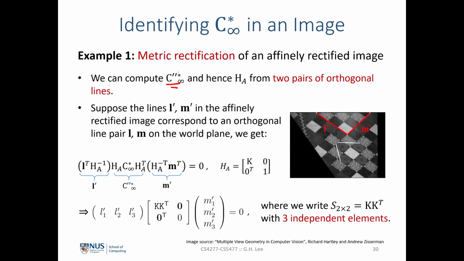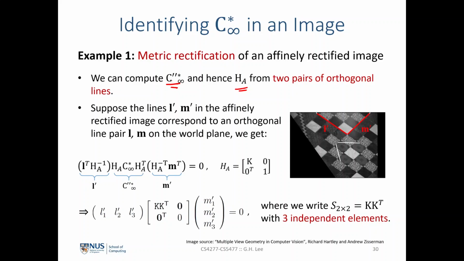And because this C double prime star infinity is what we have defined to be the dual of the circular point projection, where the projective transformation has been removed and we are still remaining with the affine transformation, the objective here is to identify C double prime star infinity on this image, and to make use of this to compute HA such that we can remove the affine distortion from this image.